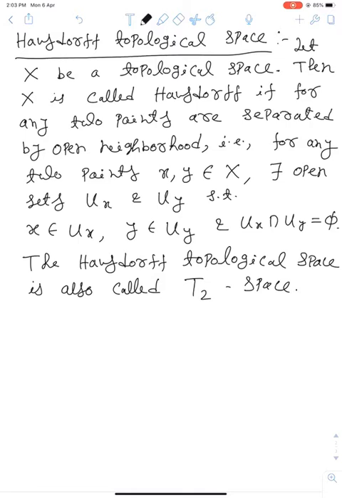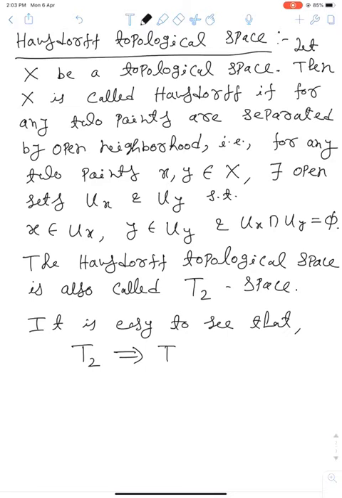It is easy to see by the definition that T2 implies T1. Now what about the converse? The converse is not true: T1 does not imply T2. Now can you give one example which is T1 but not T2?